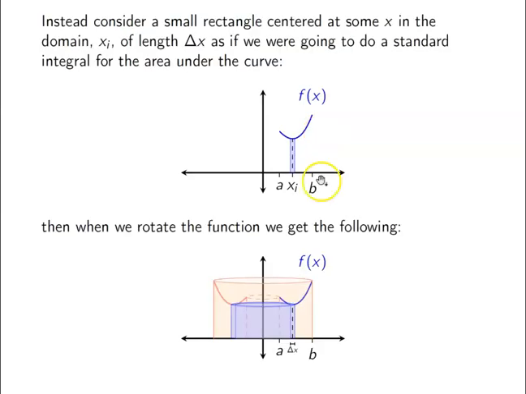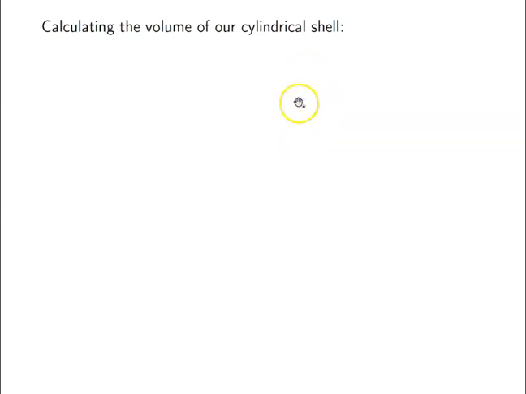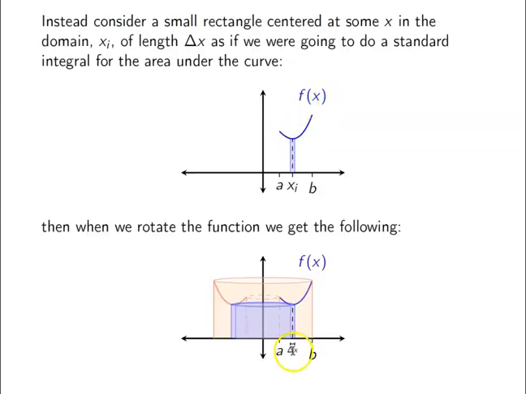The height in this case would be my function. This x sub i would be the value right in the middle of the width of my cylinder, and the difference between the inner radius and the outer radius would have a length of delta x.